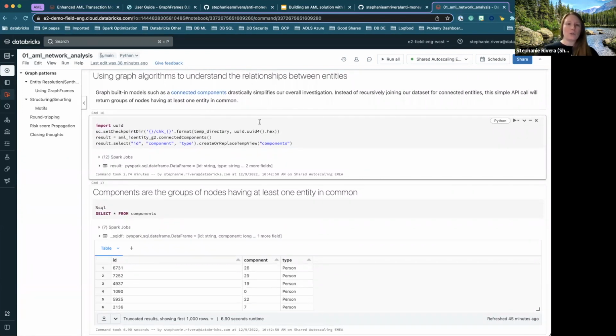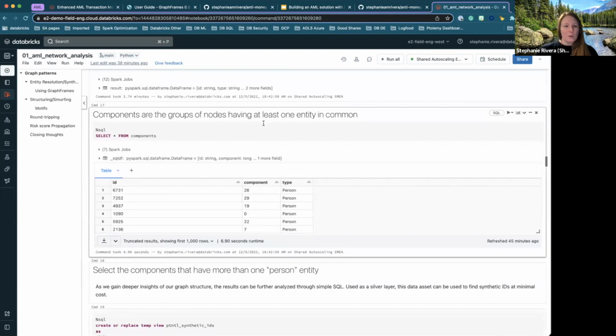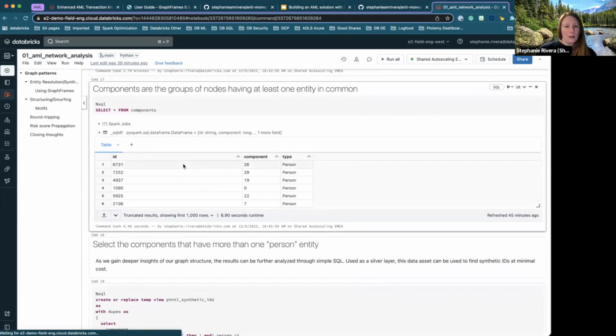But instead of having to try to join everything together using SQL, we're going to use an algorithm called connected components from the GraphFrames. Basically, this is going to help pull out those little subgraphs that are all connected together. When we take a look at this, we can see the connected components have run.